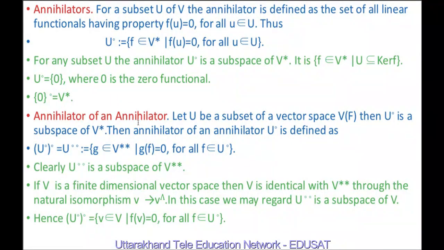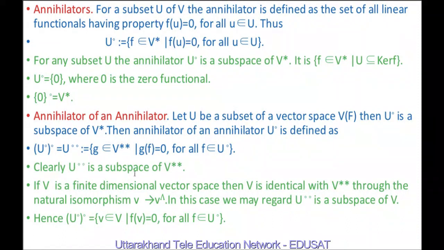Annihilator of an annihilator. Let U be a subset of vector space V, then U dot is a subspace of V star. The annihilator of an annihilator U dot is defined as U double dot, written in superscript, equal to G belonging to V double star, the second dual of V, such that G of f is equal to 0 for all f belonging to the annihilator of U, which we denote by U dot. Clearly, U double dot is a subspace of V double star, the second dual space.